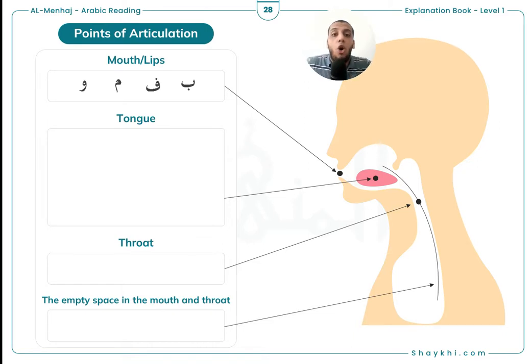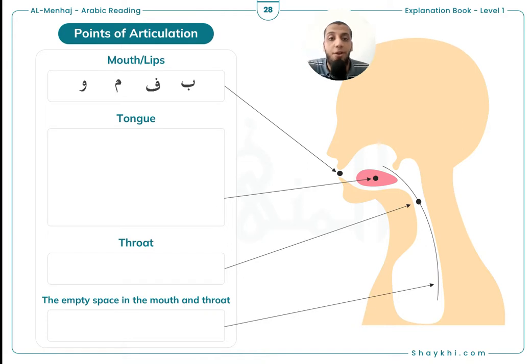So the question is, what is the difference between them? What is the difference between each way of pronouncing these letters if all of them have the same point of articulation, which is the lips?